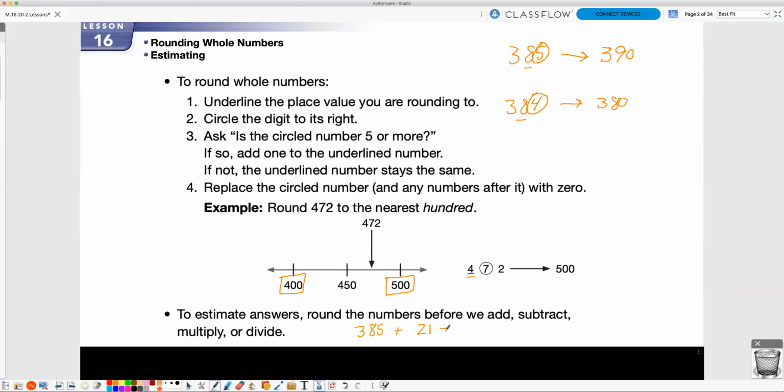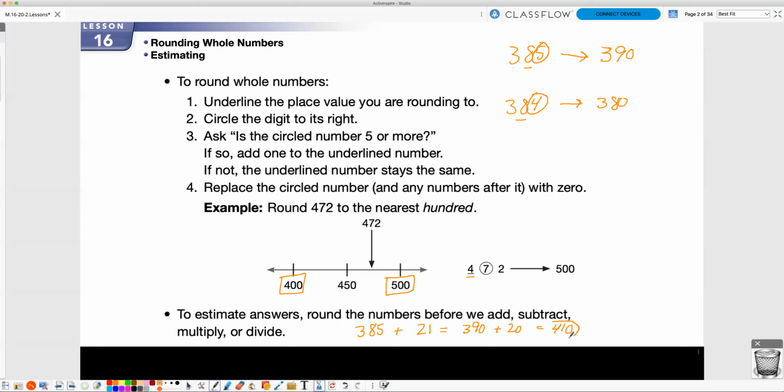This isn't the exact answer, but I would probably round this one to 390 and then round the other one to 20, and I can do that mentally. I know that this is going to be 410 because I know 39 plus 2 is 41. So that's an estimation.